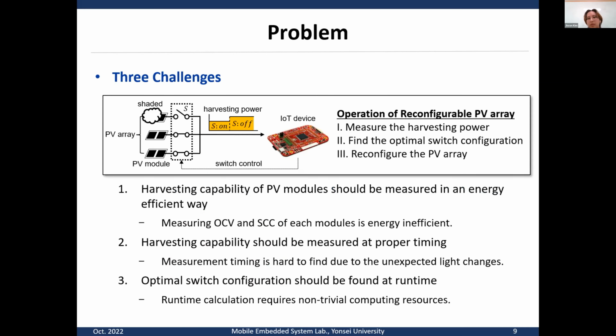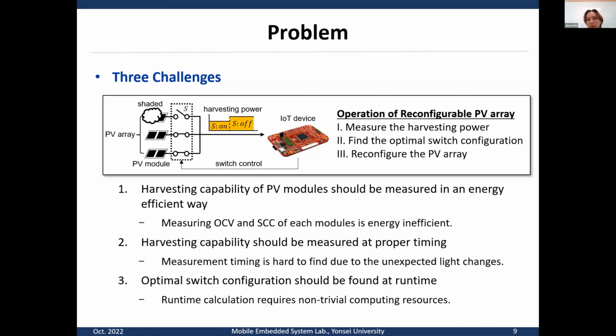However, there are 3 challenges that must be solved to exploit reconfigurable PV arrays in an indoor environment. First, the harvesting capability of PV modules should be measured in an energy efficient way. Obtaining the harvesting capability of a PV module requires an open circuit voltage and short circuit current. However, measuring these values in steady state results in high energy loss.